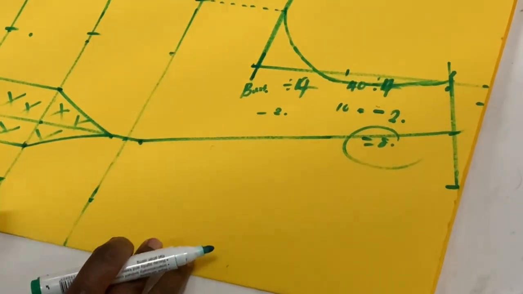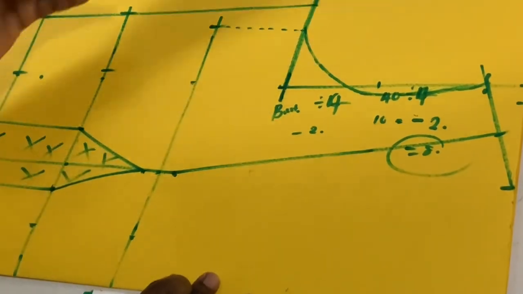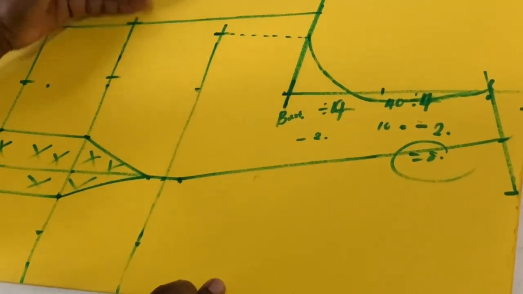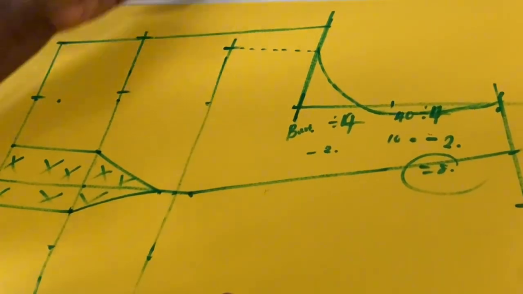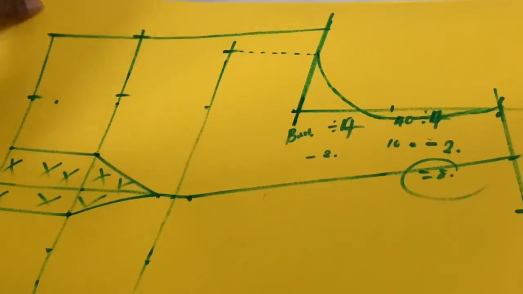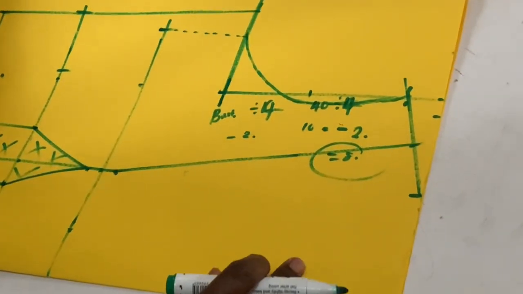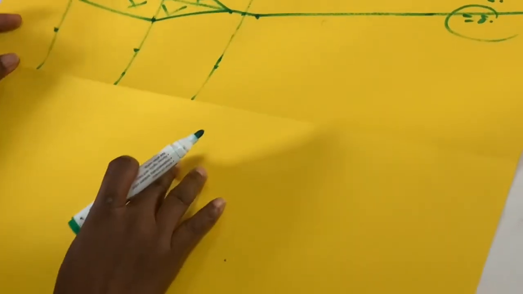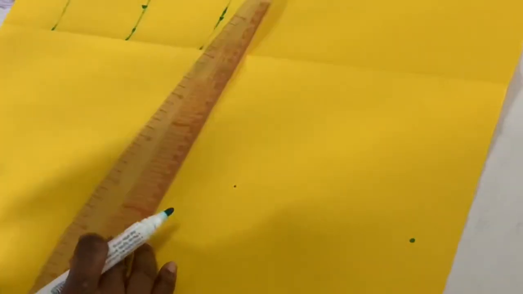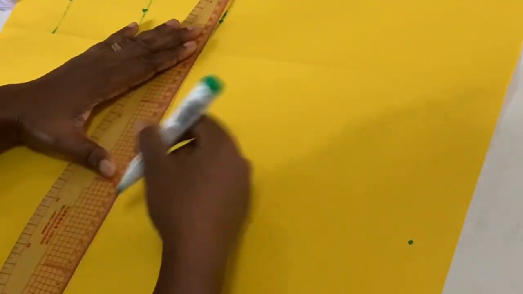Remember, I've not added allowance. When I'm cutting it on the material, I'm going to add a 2-inch allowance. So back to the neck now. I'm going to extend this roll to this side.